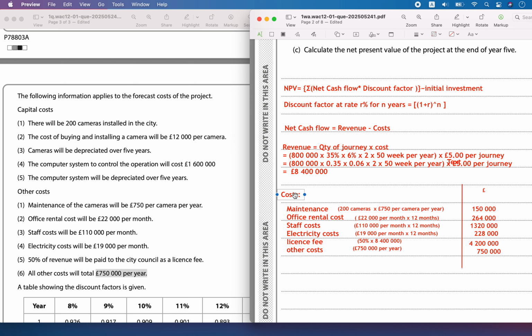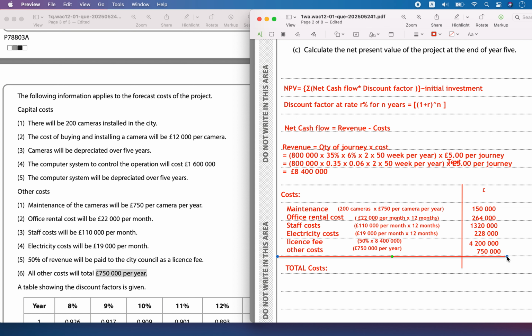Let's add the total cost. So 150,000 plus 264,000 plus 1,320,000 plus 228,000 plus 4,200,000 plus 750,000.